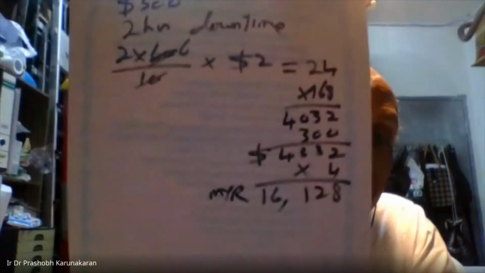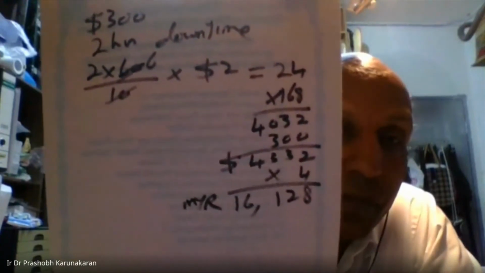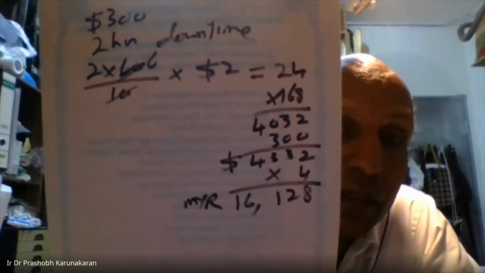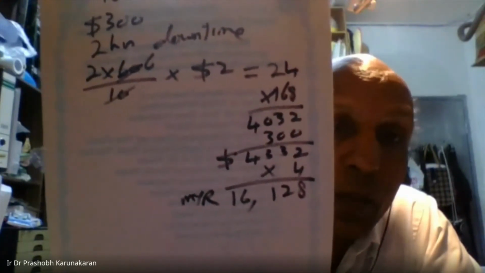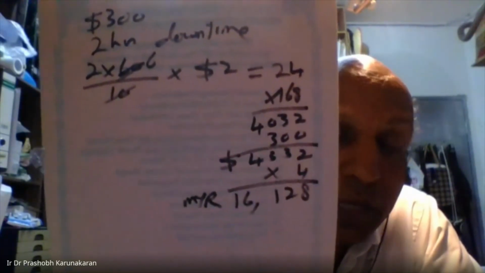So it's about 16,000 ringgit per crash. And a worker doesn't make just one crash. The new worker will tend to make about 10 crashes.